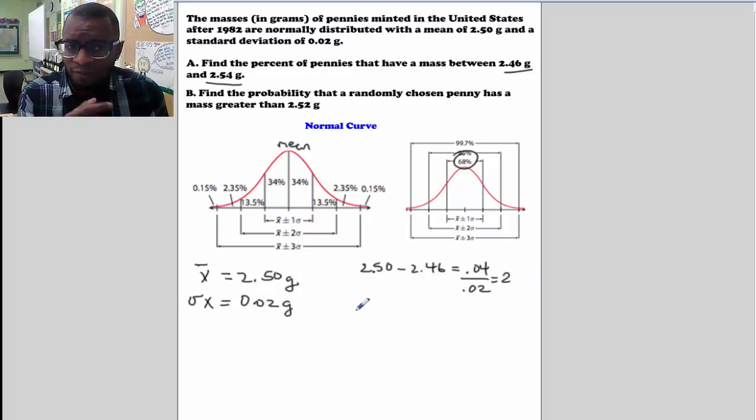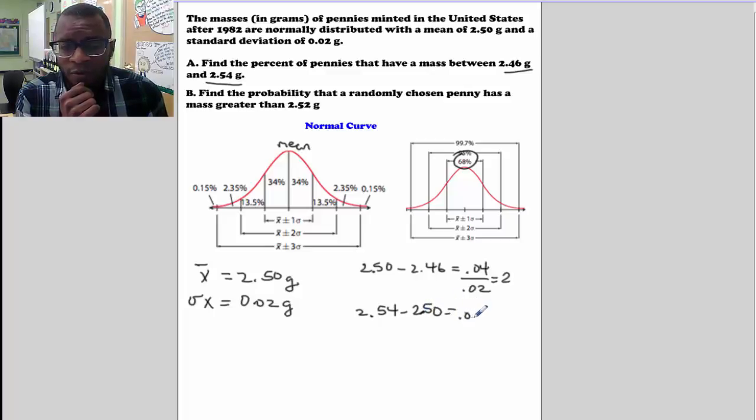If we take the top value, 2.54, and subtract our mean from it, which is 2.50, we get the same 0.04, and dividing that by our standard deviation, we get 2. So these values are within 2 standard deviations of our mean, which means that it falls in this area.